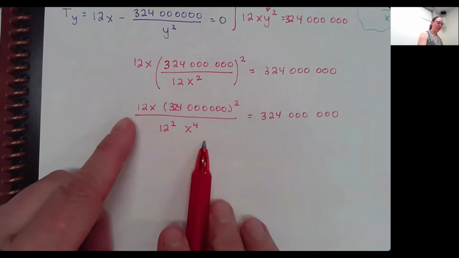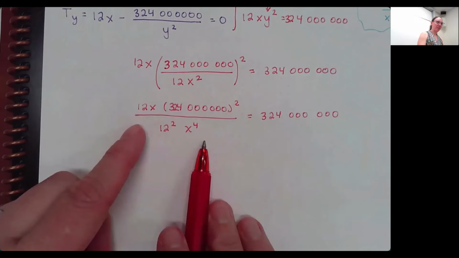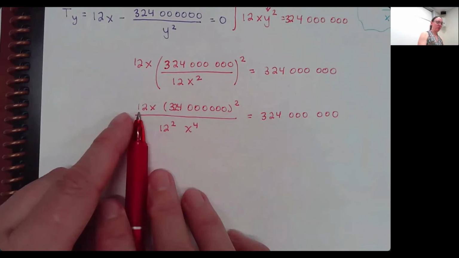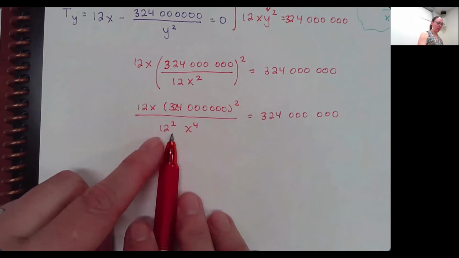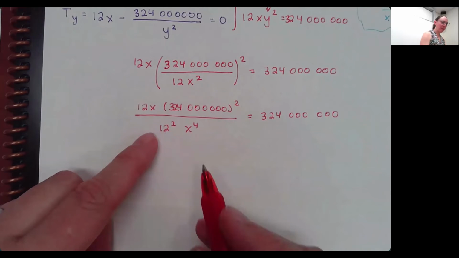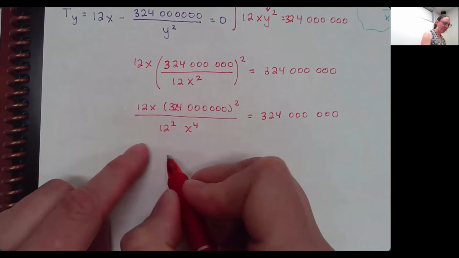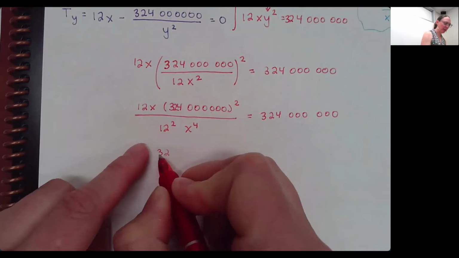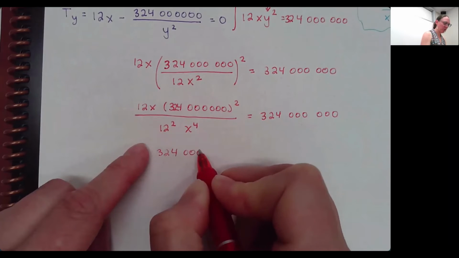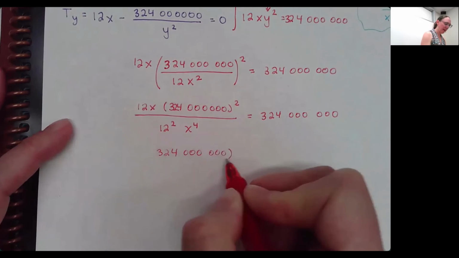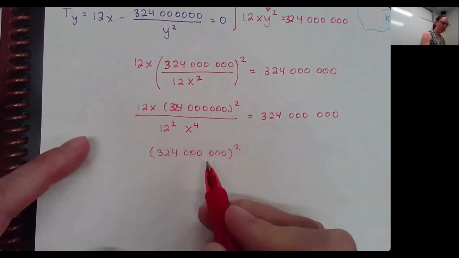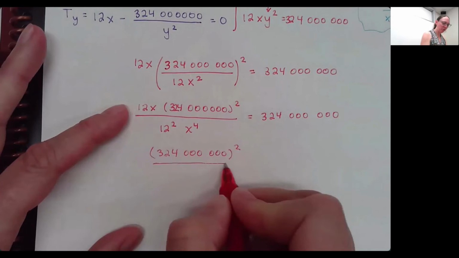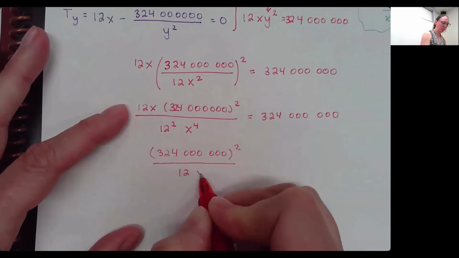I'm going to clean up the 12 and the x's really quick. So I've got a 12 on top and a 12 squared on the bottom. So one of the 12s on the bottom can go away, and one of those x's can go away. So I'll just rewrite it. I'm doing an extra step that you may not need to write out, but I've got 324 million. That 12 has canceled out. I still have a 12 on the bottom, and I have an x cubed on the bottom.